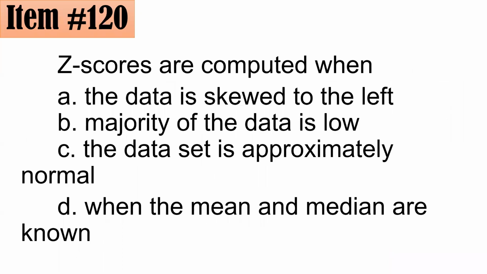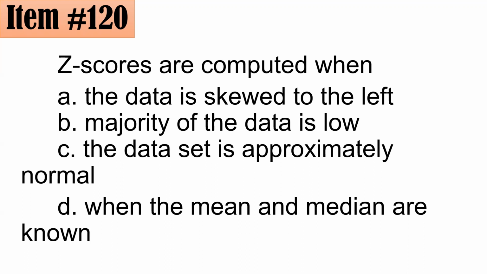120. Z-scores are computed when? Is it A, the data is skewed to the left? B, majority of the data is low? C, the data set is approximately normal? Or D, when the mean and median are not equal? The correct answer is C, very good.